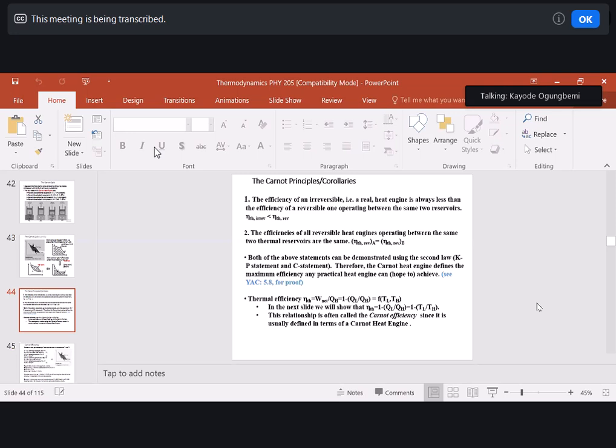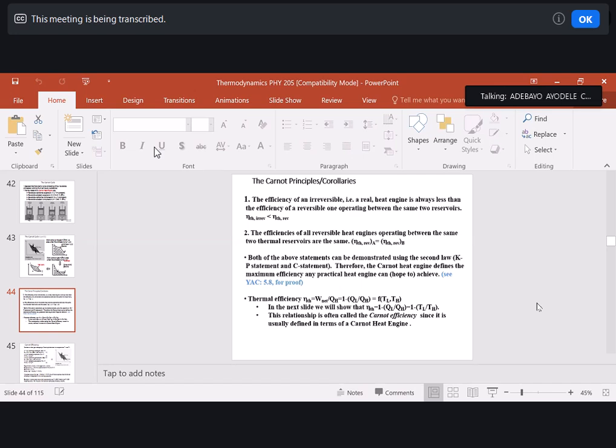In other words, the efficiency of a reversible engine is always greater than the efficiency of an irreversible engine, both of them operating under the same system, okay?